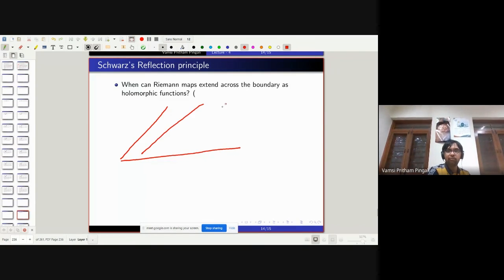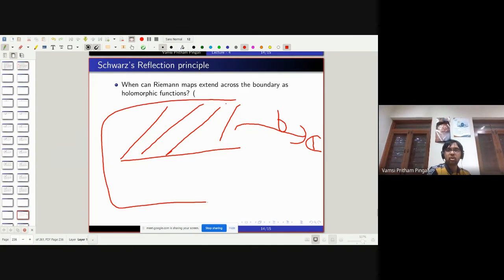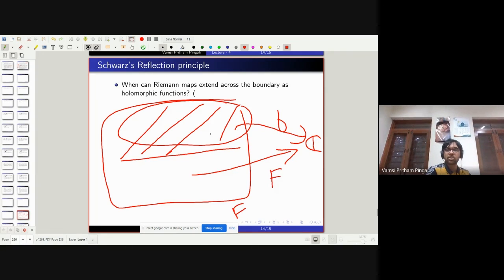Suppose I have the upper half plane and I have a holomorphic function from there to C. Okay, can I find a holomorphic function on all of the plane to C that extends this? That means, can I find a new function which, when restricted to the upper half plane, equals f, and here it is somewhere else?